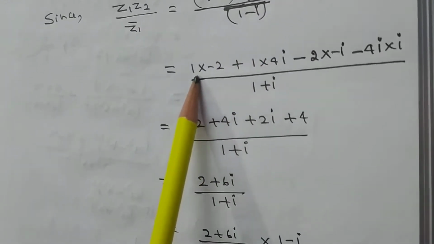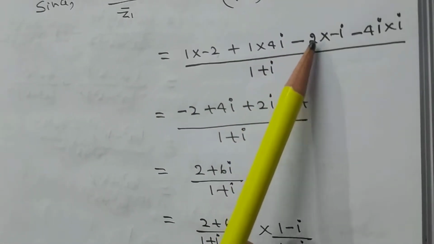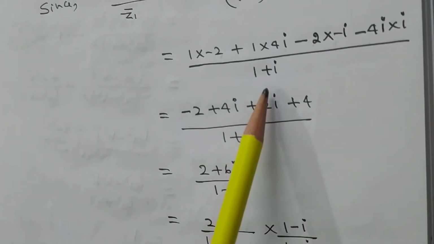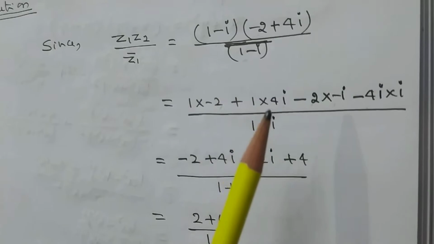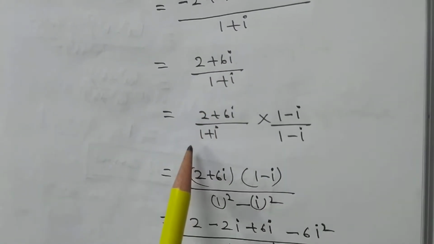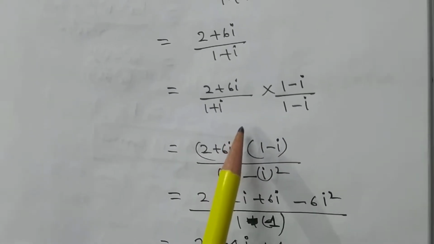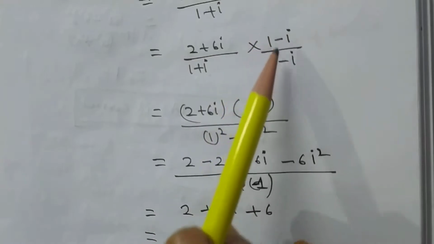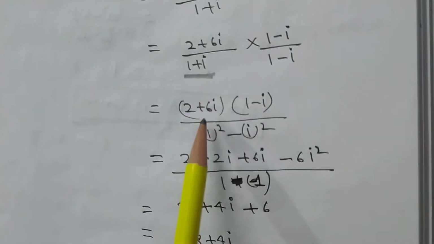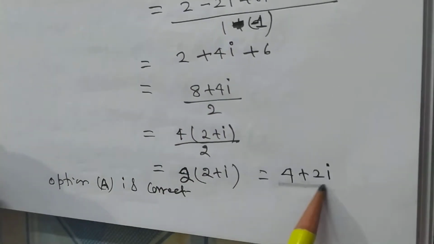So it will be 1 into minus 2, 1 into 4i, minus i into minus 2, minus i into 4i, and divided by conjugate of 1 minus i, that is 1 plus i. So it will be 2 plus 6i over 1 plus i. Now you again write in the form of a plus ib. For the purpose, we multiply the numerator and denominator by the conjugate of the denominator. So it will be, after simplifying, 4 plus 2i.